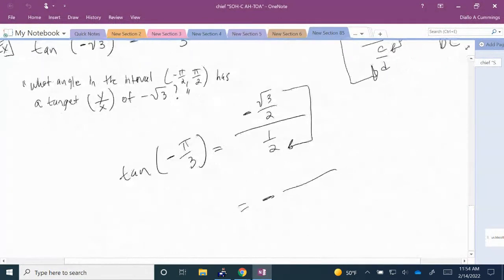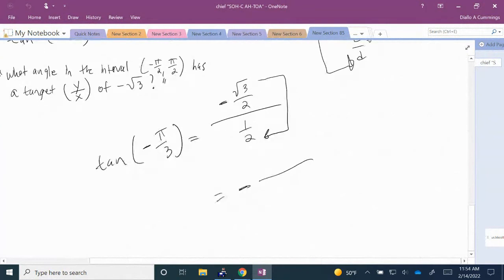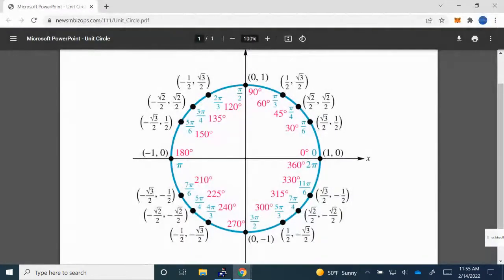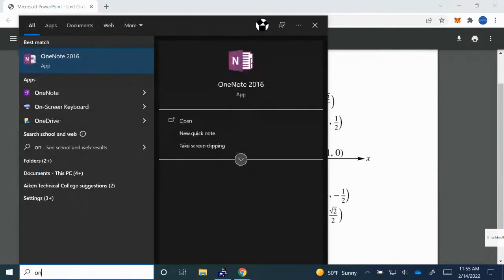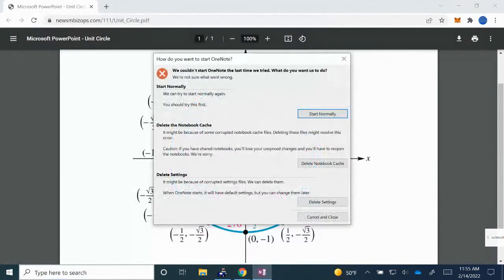I can multiply 2 times the square root of 3, so that's 2 square root of 3. I can multiply the bottom of the top and the top of the bottom, so 2 times 1 is 2.